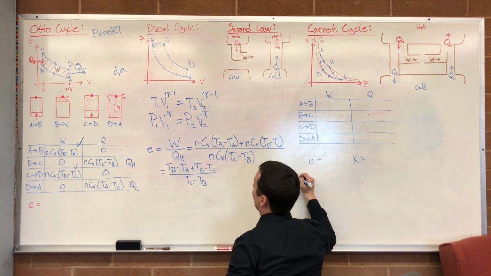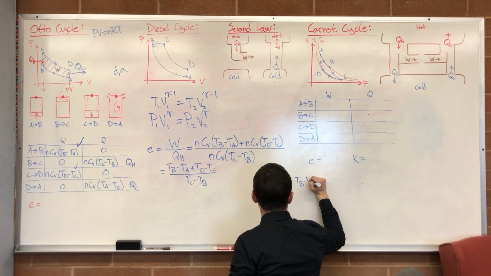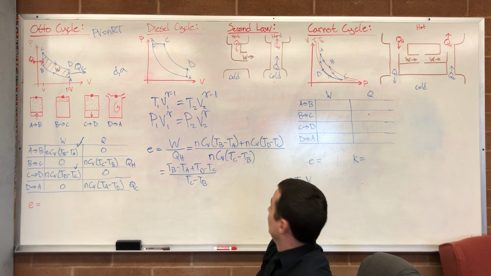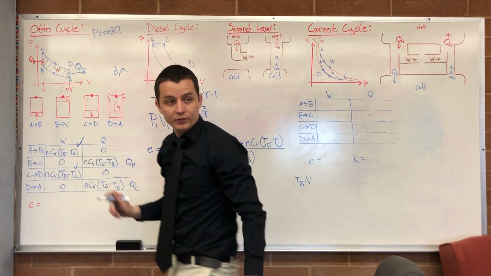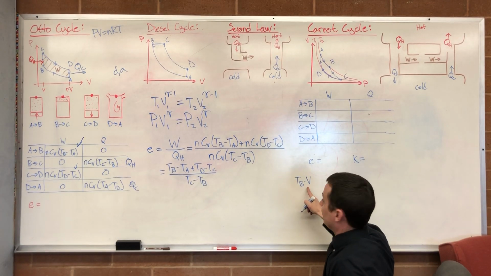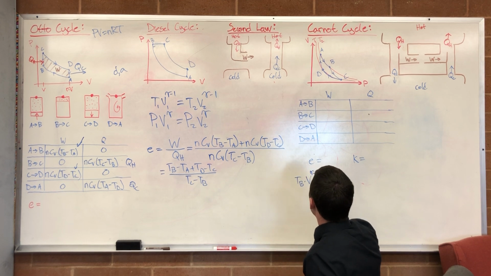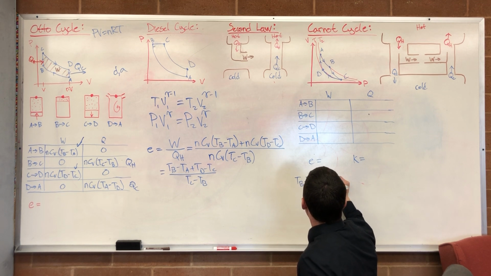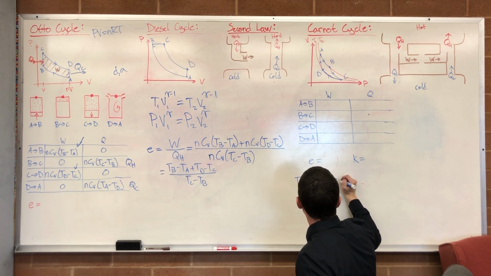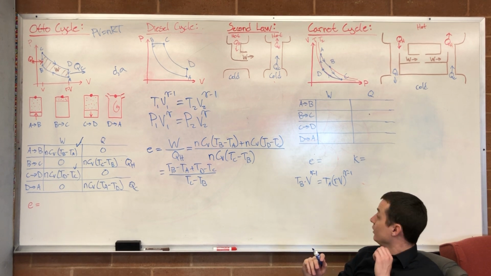So I know that, using this equation, my temperature at B times my volume at B. What's my volume at B? It's just V. So my temperature at B times my volume at B to the gamma minus 1 is equal to my temperature at A times my volume at A to the gamma minus 1.